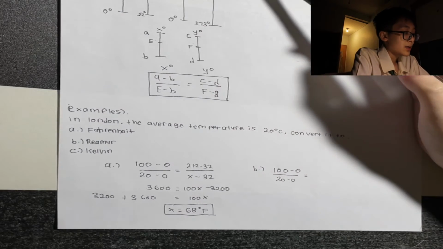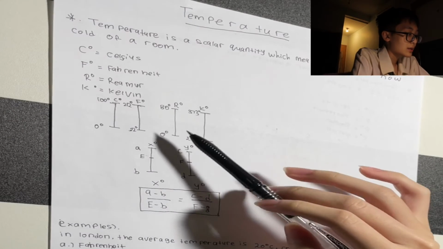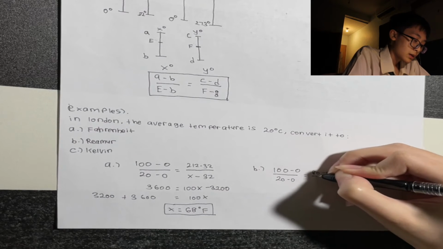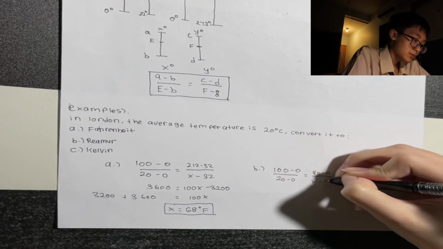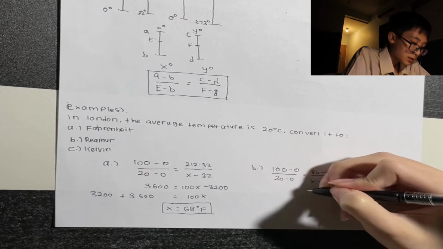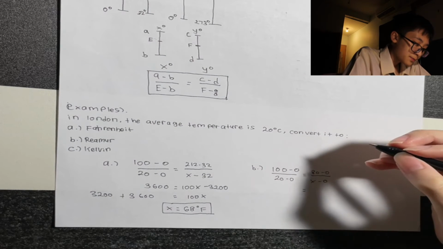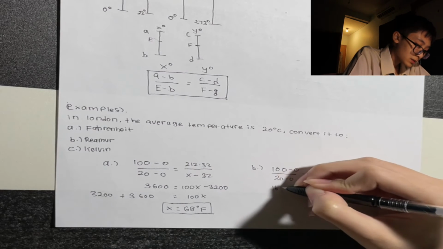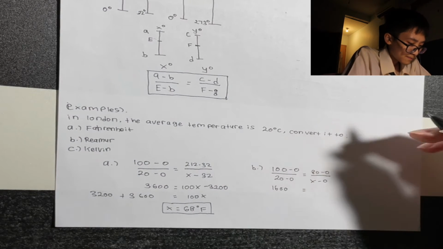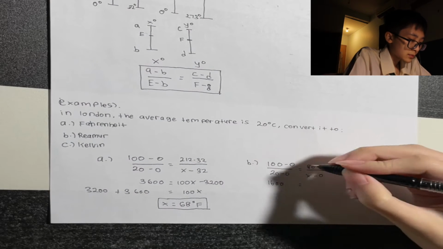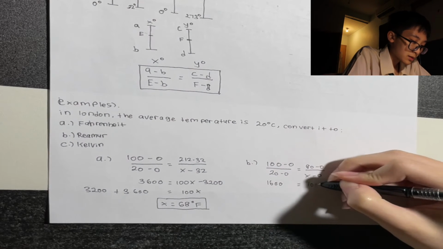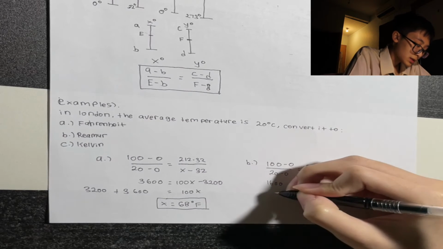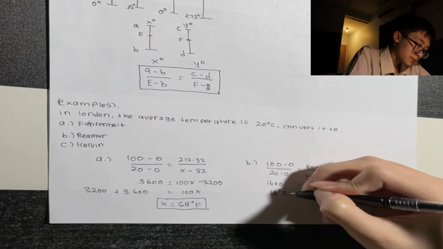Reaumur has 80 degrees and 0 degrees. The value which we don't know, and so on. This will become 1600. This will become 100x. So it's 16 degrees Reaumur.